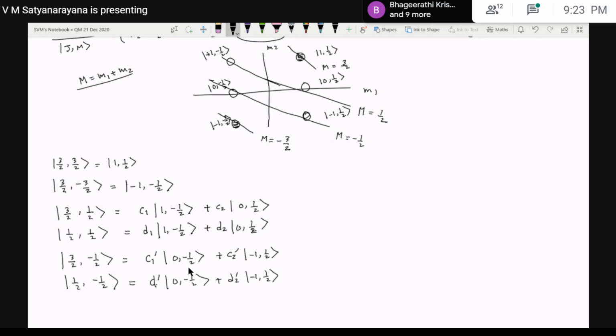So now you can see that I have to evaluate these 8 coefficients.